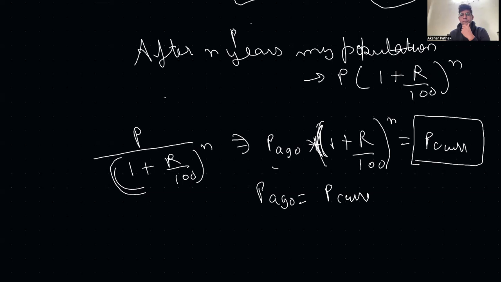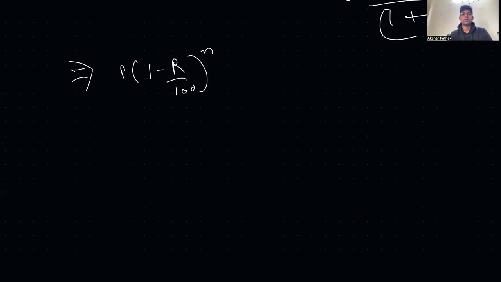Okay. Similarly, now I will ask you one question. If something is decreasing at rate R, I won't derive this formula again. It's P into 1 minus R by 100 to the power n, and we generally use this formula when we talk about machines.